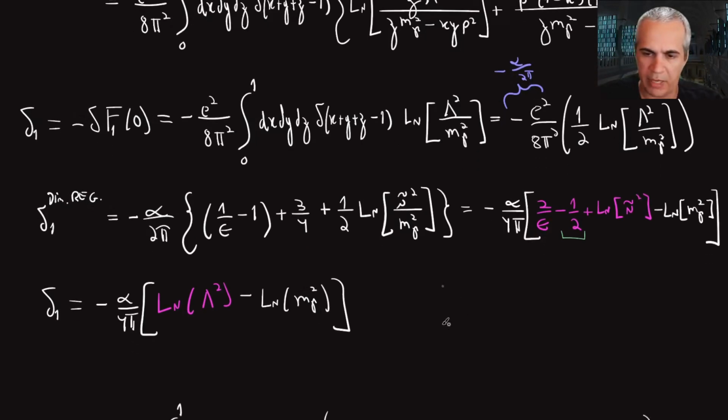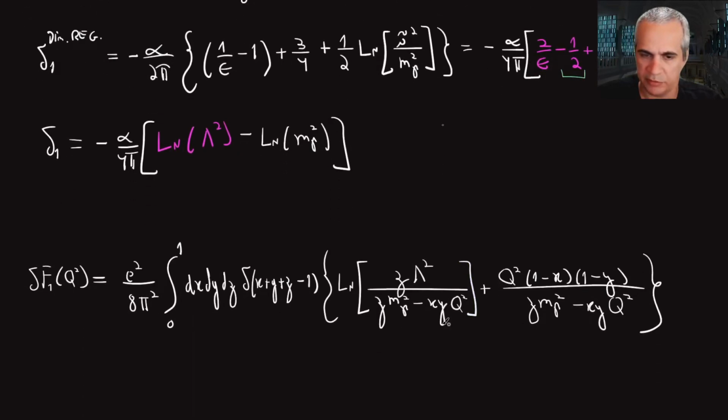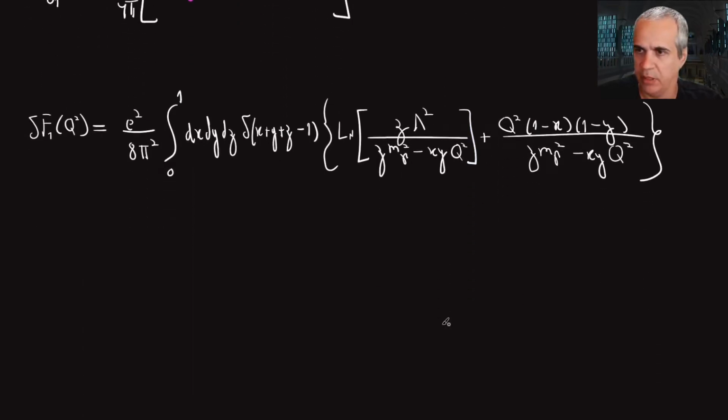Okay, so going back to the calculation of delta F1, we see that we have these two pieces right here. One that is UV divergent. You see here that the regulator for the UV is here. Another one that is finite in the UV.